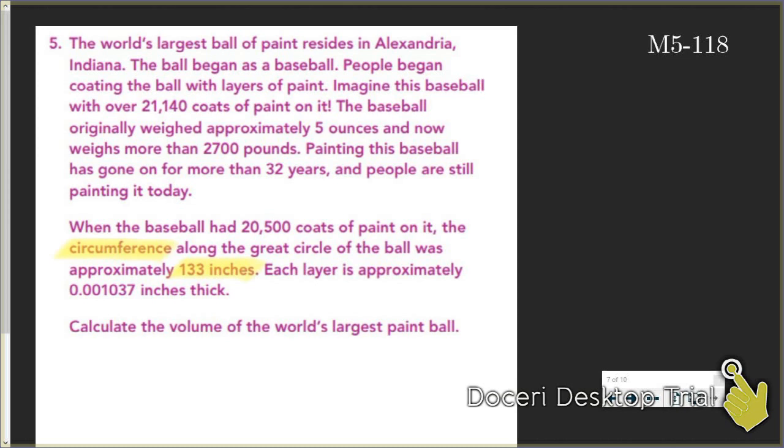So the first thing we have to do on this one, and hopefully you did, was find the radius based on the circumference, because we need the radius to find the volume. The circumference formula is circumference equals 2 times pi times the radius. If we plug in what we know, the circumference is 133.